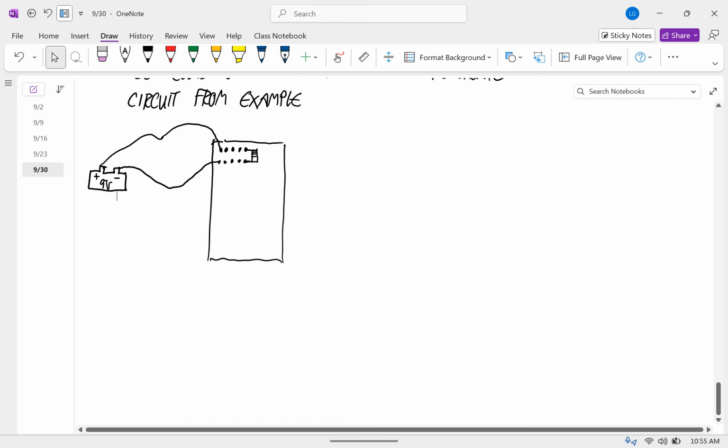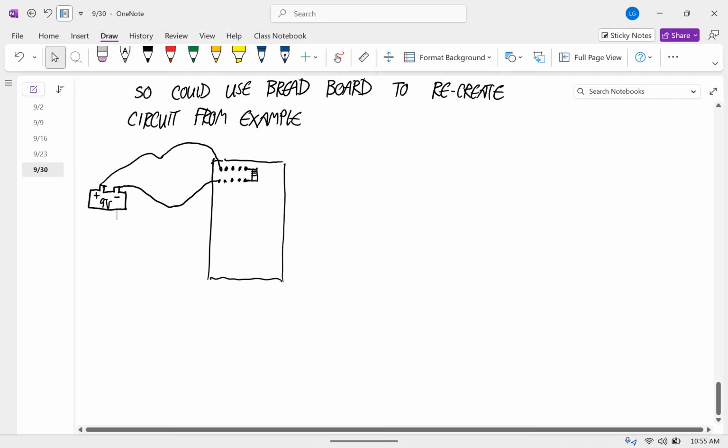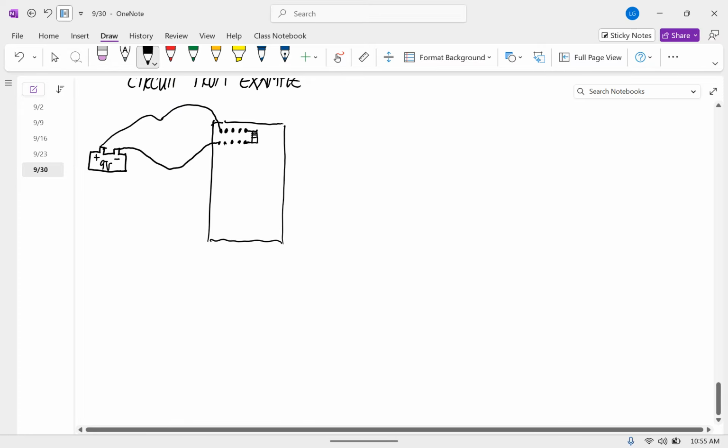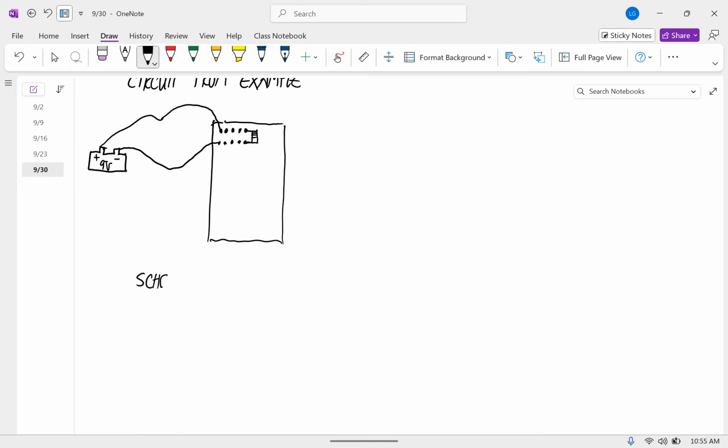And instead of drawing pictures of what we're doing with breadboards and batteries and wires and stuff, we're going to represent circuits with schematic symbols. And so a battery we're going to draw this way.